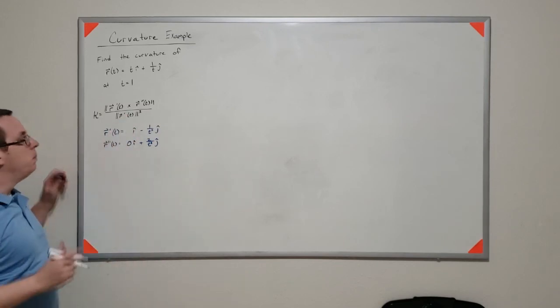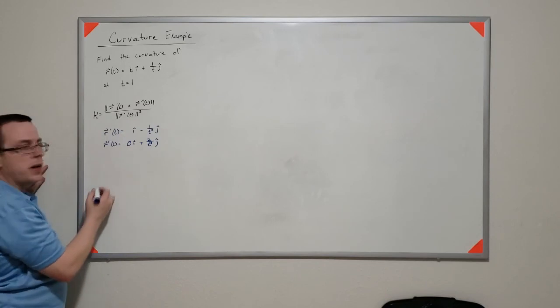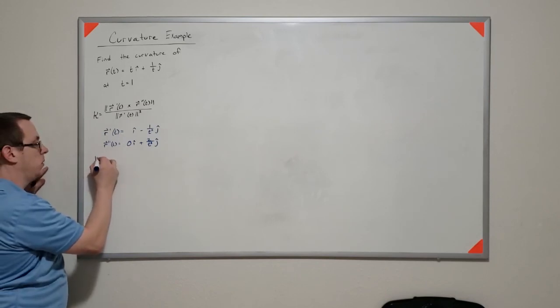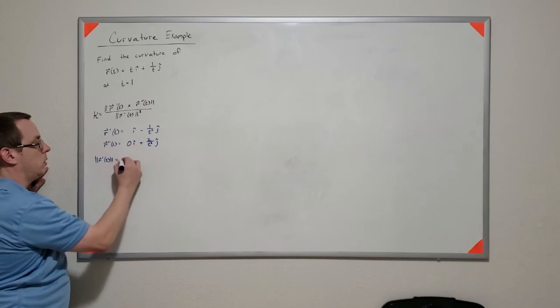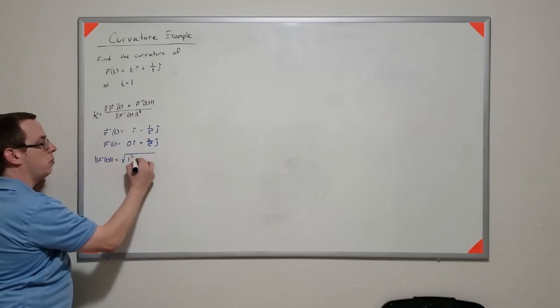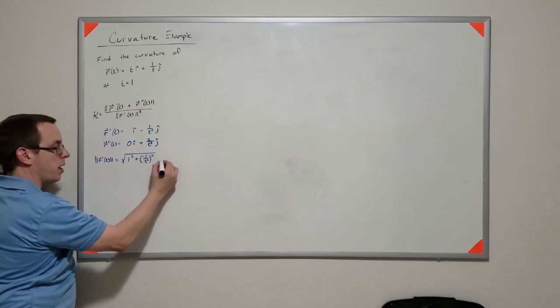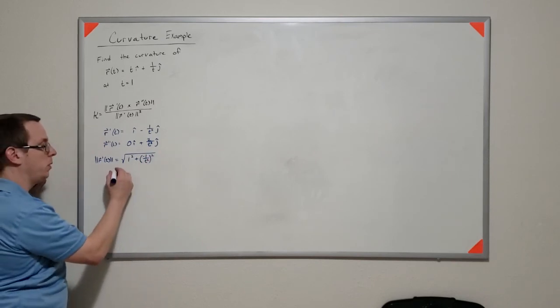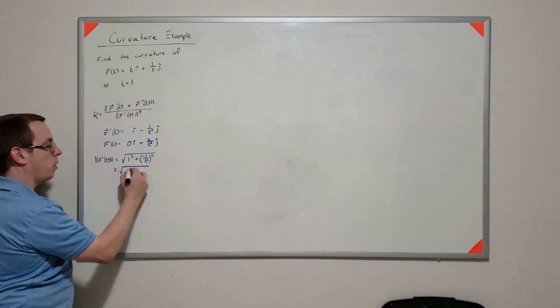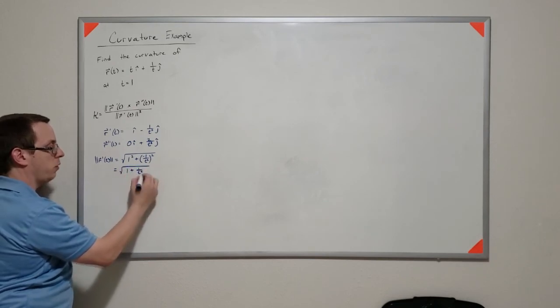Since we have r prime here, let's go ahead and get its magnitude. So that's the square root of 1 squared plus negative 1 over t squared squared. So that's the square root of 1 plus 1 over t to the fourth.